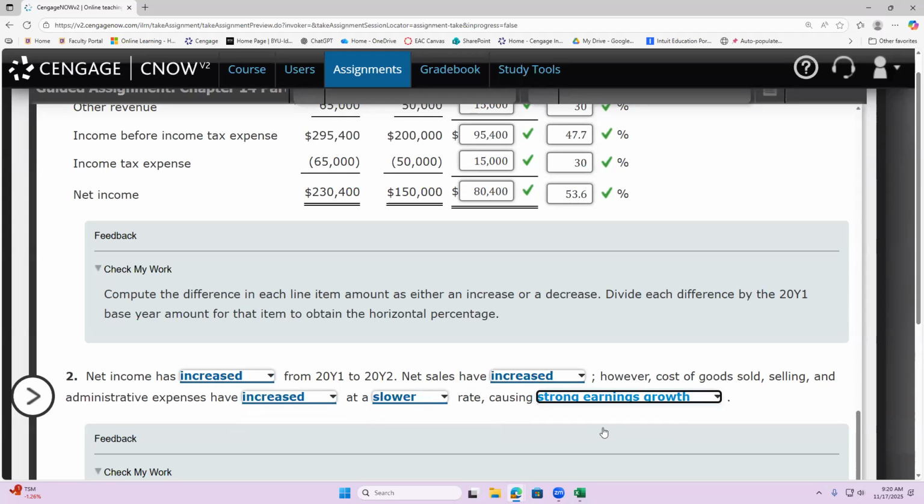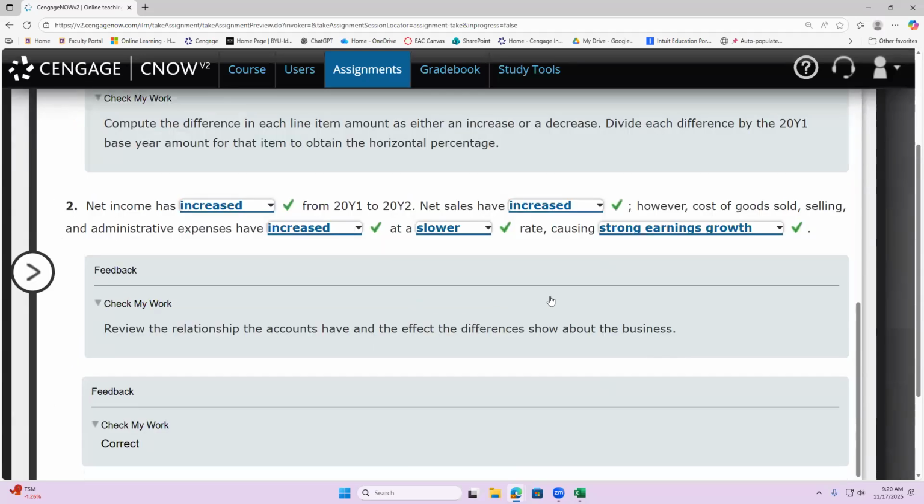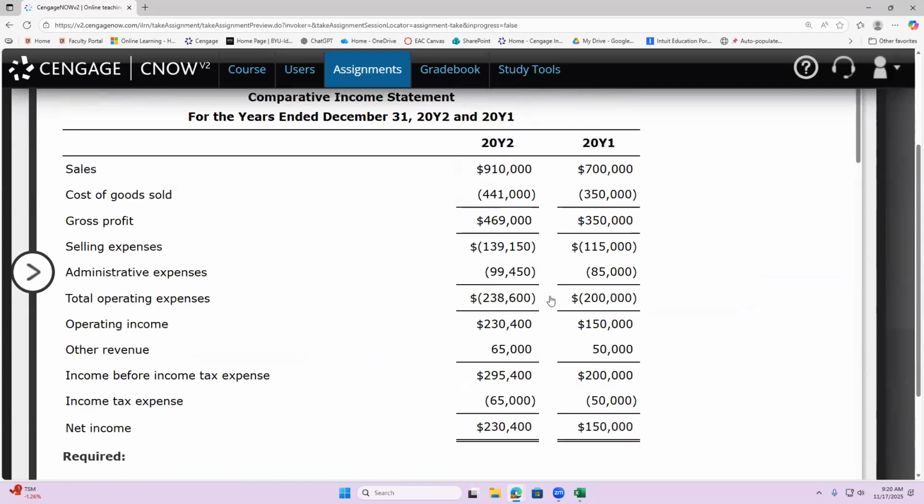So sometimes you'll hear that on the news, right? Like this company had strong earnings growth for the year. That just means that their profits are higher this year than they were previously, without much analysis as to why. That's where you really have to get down to it, right? And say, well, what's causing this and how do we keep it going? All right. So there's our first one.